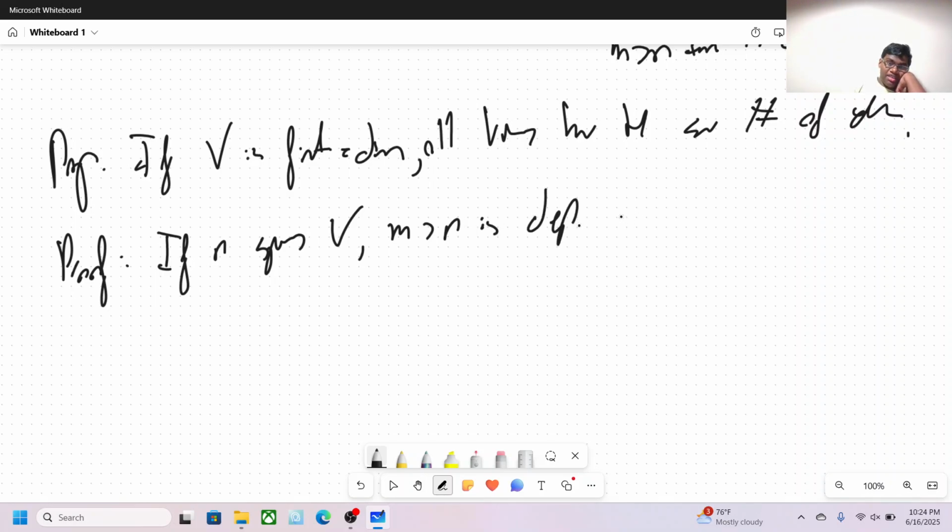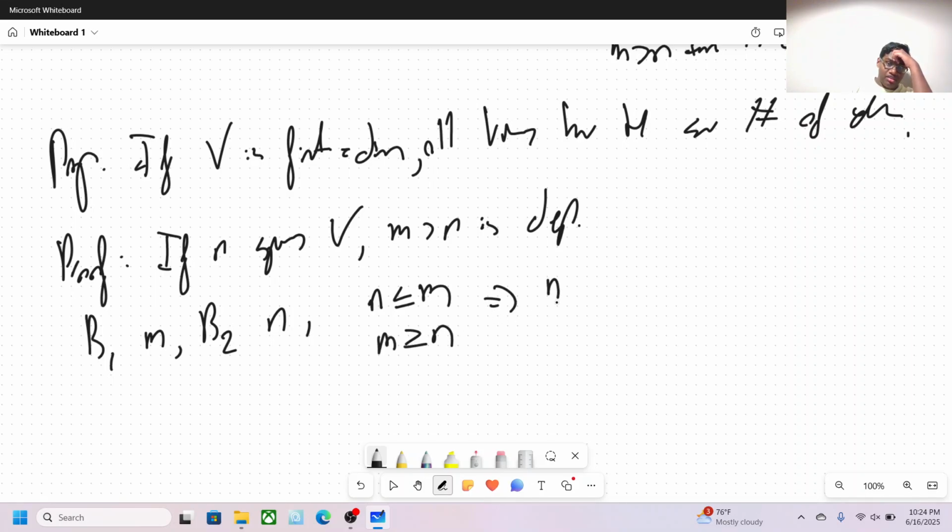Since a basis has to span V, let's say basis 1 has m elements, basis 2 has n elements. Since basis 1 spans V and basis 2 is independent, n is less than or equal to m. But doing the reverse tells us that m is less than or equal to n. And hence we have m equals n, when both of these are actual numbers. Hence finite basis.